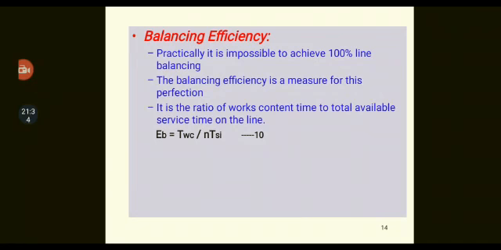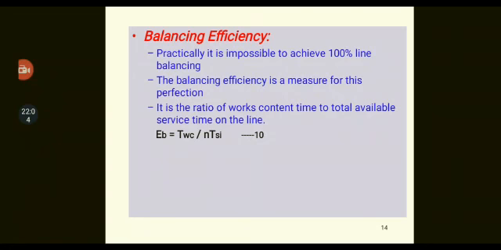It is a ratio of the work content time to the total available service time on the line, and the formula is EB = TWC / (N × TSI).